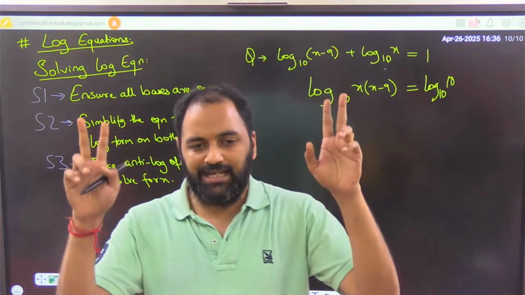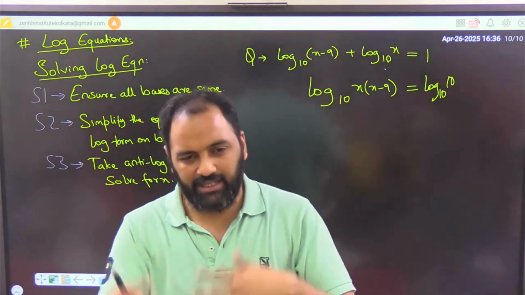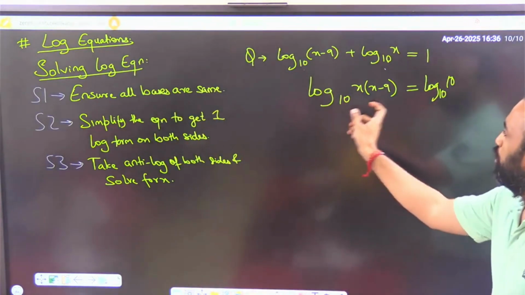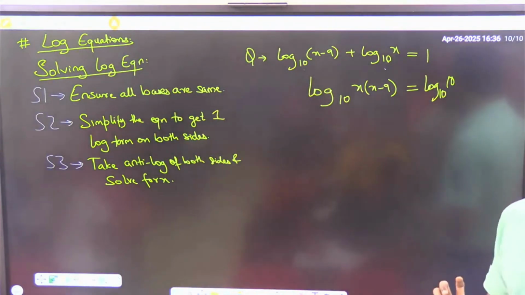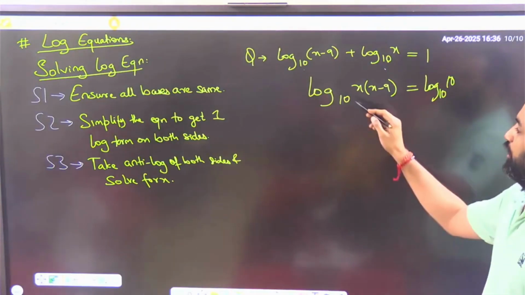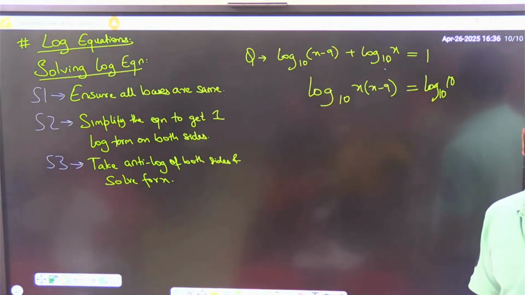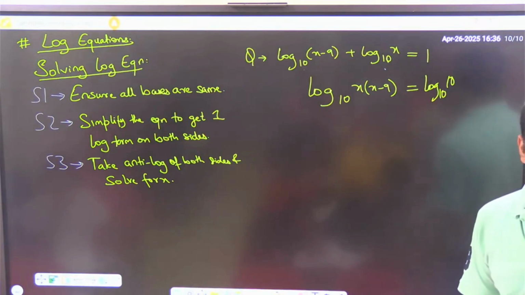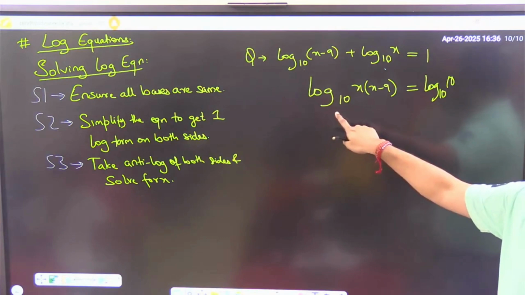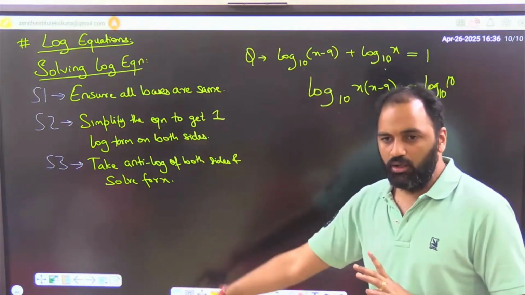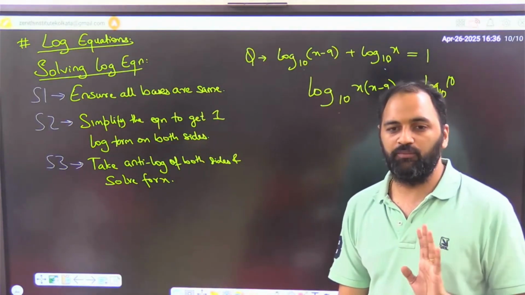Taking anti-log in any equation is basically like this: if we want log of this to be equal to log of this, when will that happen? So we take anti-log. Anti-log is a step where we can remove log of equal bases from both the sides. Here we have log to the base 10, and here we have a log to the base 10. So when we do an anti-log, it will remove the log from the equation.